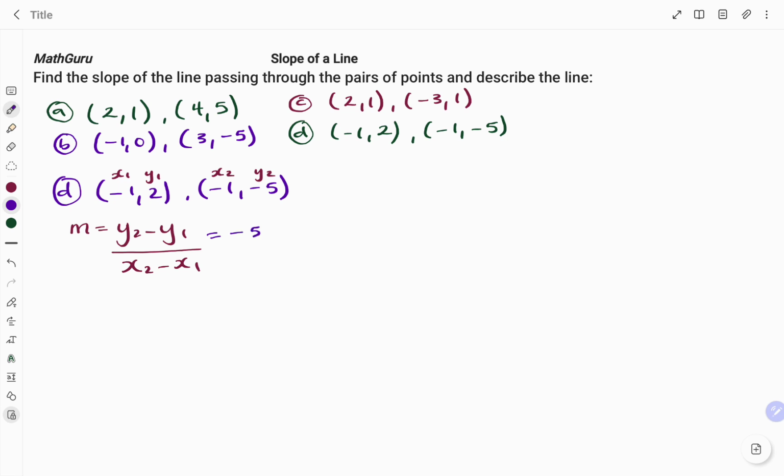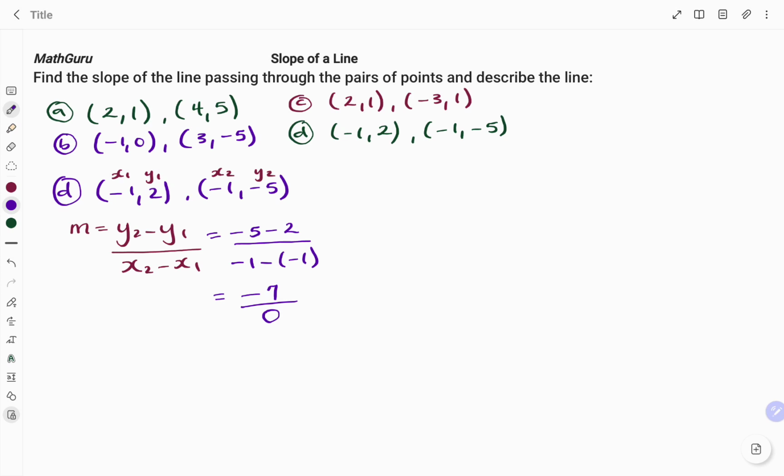The next step is to slot in my values. y2 is -5 minus y1, that's 2, divided by x2, which is -1, minus x1, that's also -1. If I simplify further, I have -5 minus 2, that's -7, divided by -1 minus -1, that's -1 plus 1, that's 0.